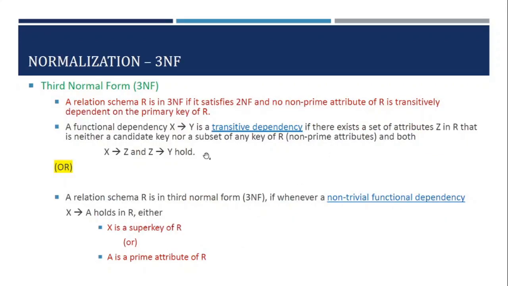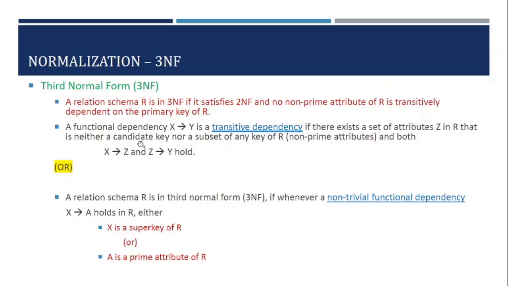So let us see the definition of third normal form. A relation is in third normal form if it satisfies second normal form, and there should not be any transitive dependencies. Now what do you mean by transitive dependency?